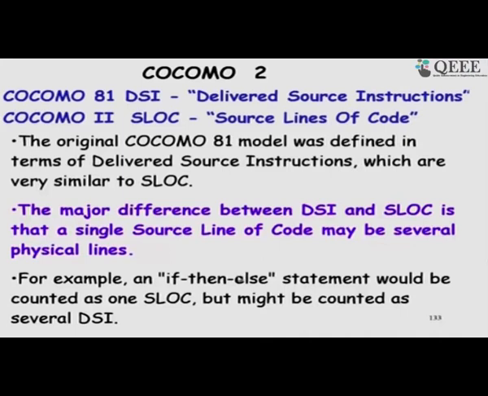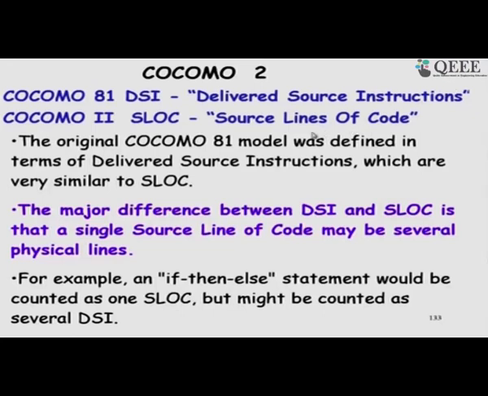For example, if we have an if then else statement or a switch statement, then these are considered as one source line of code. Whereas, if we use DSI, then you just count how many physical lines are there. So, that is one difference.